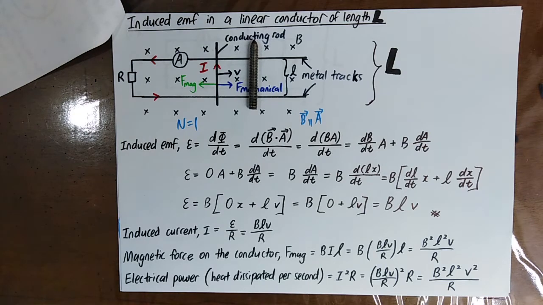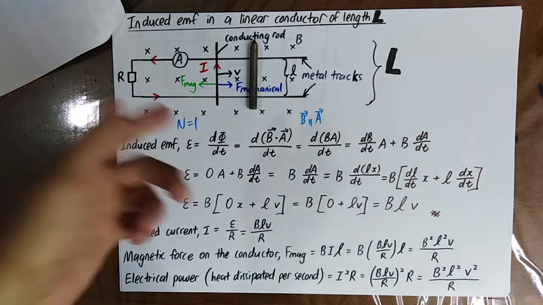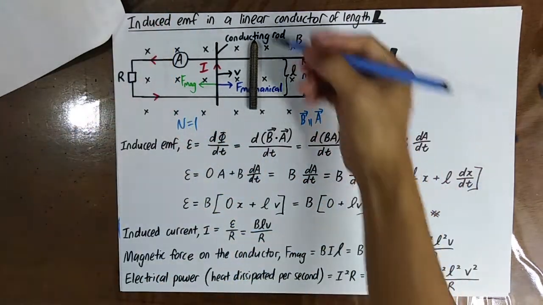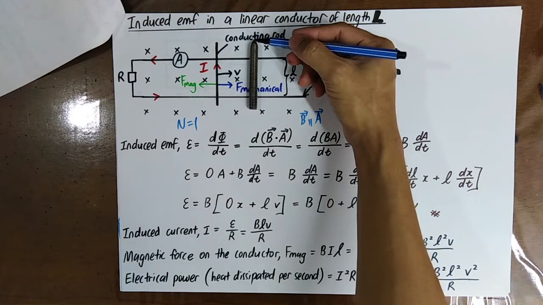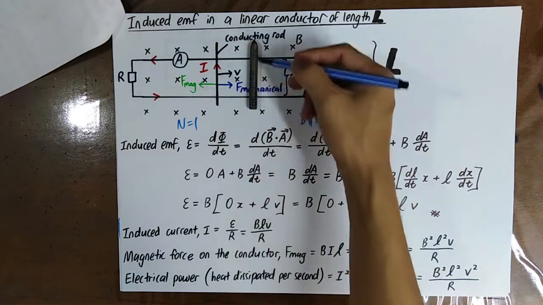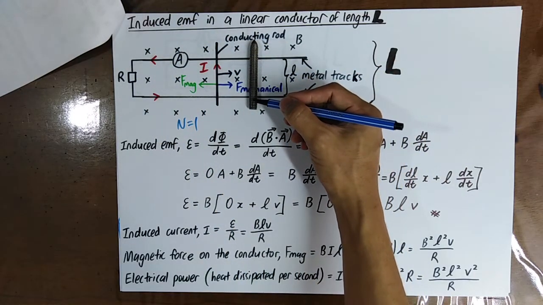From the microscopic perspective, you can think the situation is like this. Just now I said that the magnetic force on the free electrons is in the downward direction. If the free electrons here move to here, then the free electrons are now inside the complete circuit. But if the free electrons are here, then they will be deflected downwards.